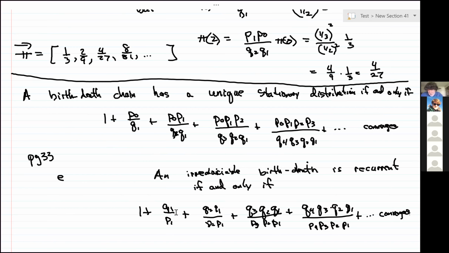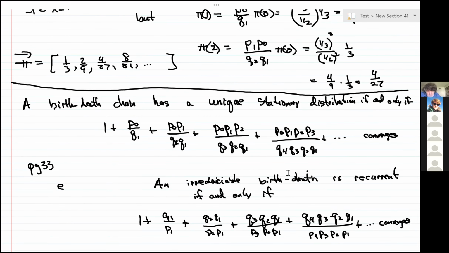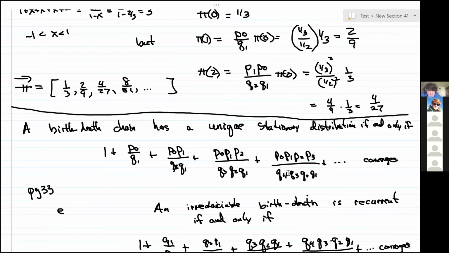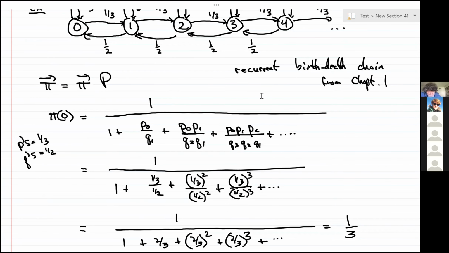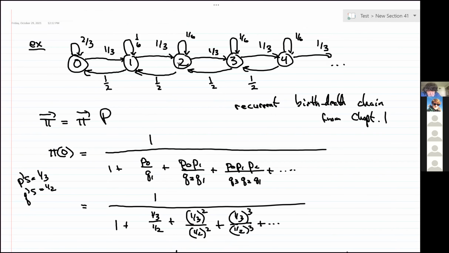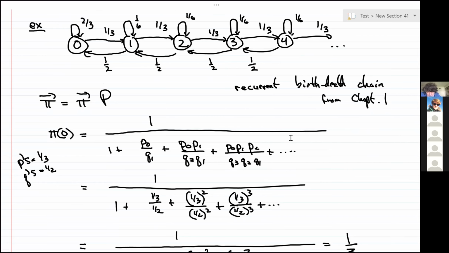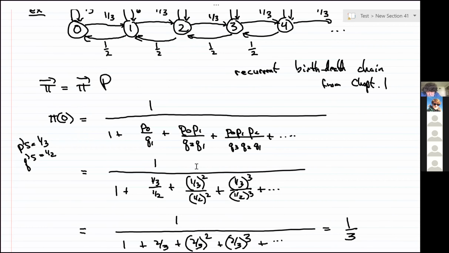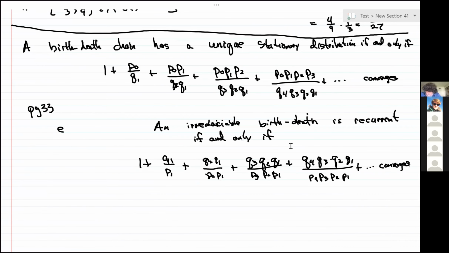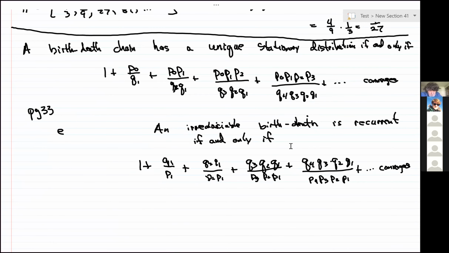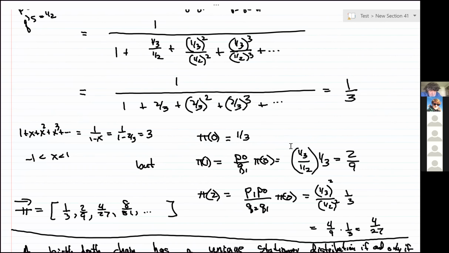Okay, so in the case that we did, this first example, I claim that this was a recurrent chain from chapter 1. Well, what I'm using is this thing. So if we were to add up this thing, let me go back to how things were originally in this example and put these two pieces together.